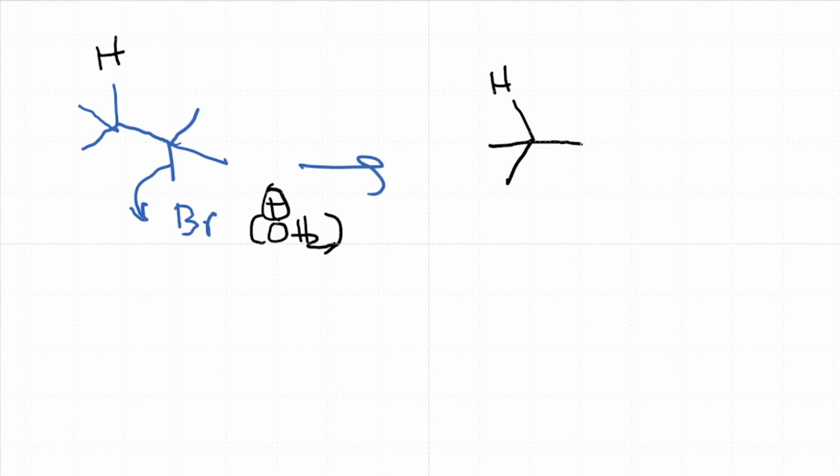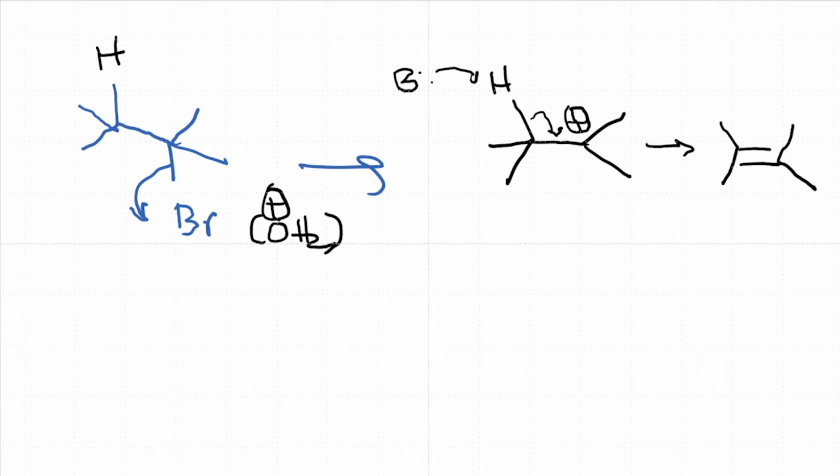Once this carbocation is formed, multiple things can happen, including substitution, etc. But one possibility is that this can lose a proton, and this proton loss can be facilitated by a weak base, and this gives you the eliminated product. So this mechanism is referred to as E1.